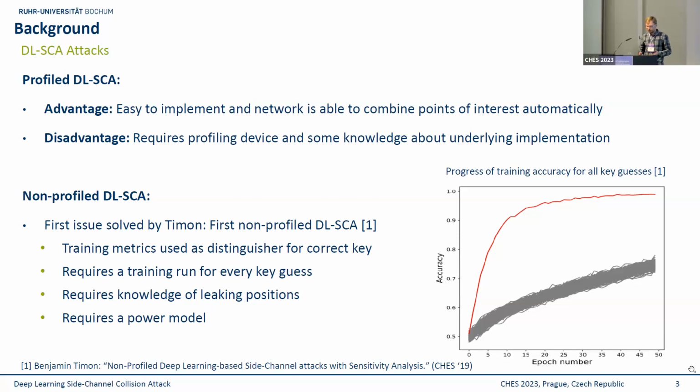That means that it's not possible to perform the attack without prior knowledge. Additionally, he needs a power model that describes the behavior between the power consumption and the processed values. For some implementations, this could be just the Hamming weight of the value, but for other implementations, it's way more complex to find a suitable power model.